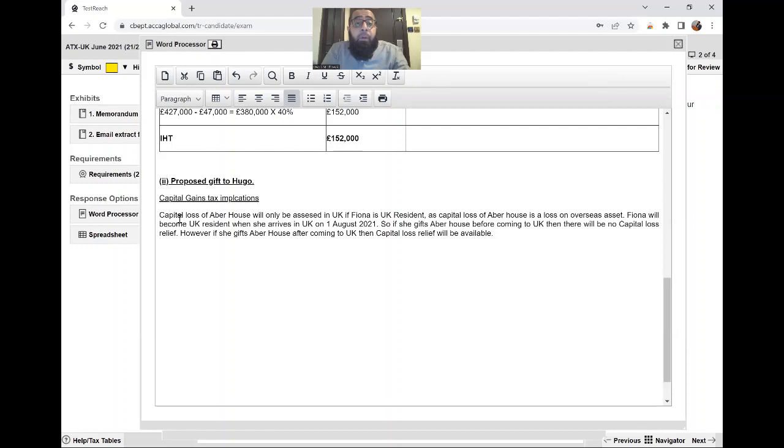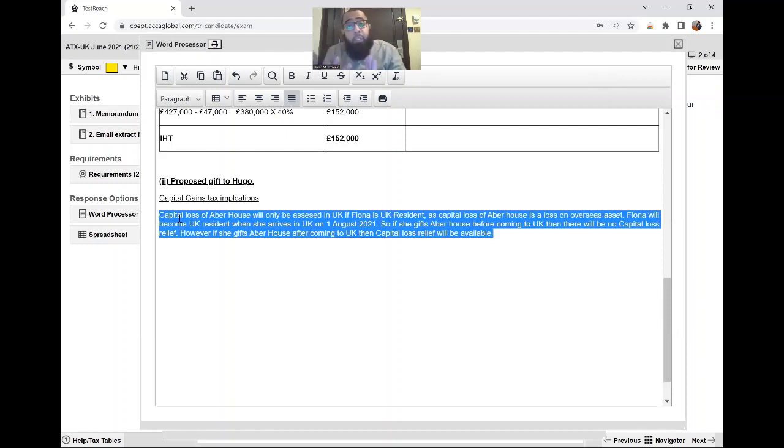Capital loss of Aberhouse will only be assessed in UK if Fiona is UK resident. This is the very basic statement of individual overseas: if a person is UK resident, his UK and overseas gains and losses are assessed in UK, but if a person is not a UK resident, only UK gains and losses are assessed.